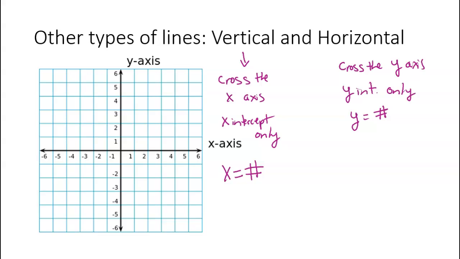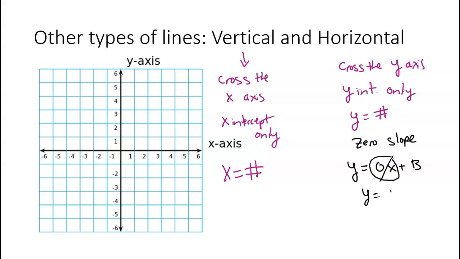If we recall, there are 4 types of slope, and one of the types of slope is your zero slope. So that means horizontal has 0 slope. Okay? So if you actually write it as y is equal to 0x plus a b value, notice that this guy right here is going to go away.